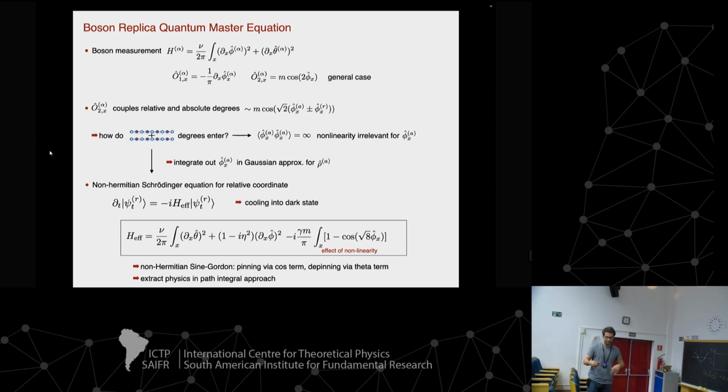What is well appreciated in such models is that such a cosine nonlinearity can drive you out of this gapless phase and lead to a pinning of this variable, the argument of this cosine, into the minima of the cosine function.